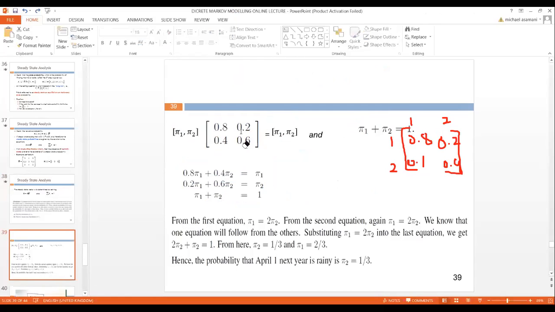But once again, it doesn't change anything. It's the process we are very interested in here. So this is 0.1, and then this is 0.9.